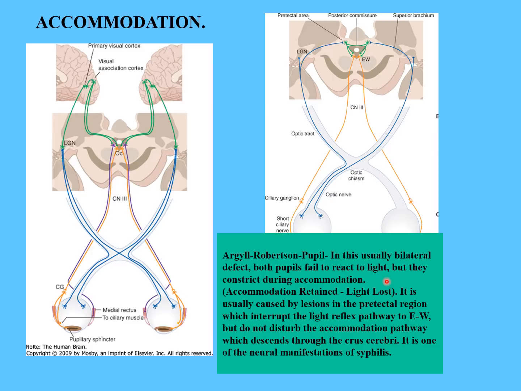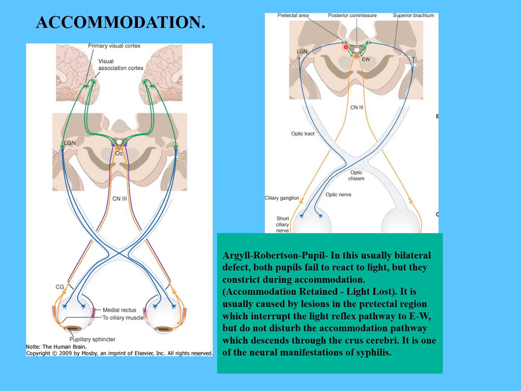In the Argyll Robertson pupil, it's usually a bilateral defect. Both pupils do not react to light. That is, they do not have a direct light response, but they do constrict during accommodation. That is, accommodation is retained, but light response is lost. It is usually caused by damage to the pretectal area, just up here at the superior portion of the midbrain.